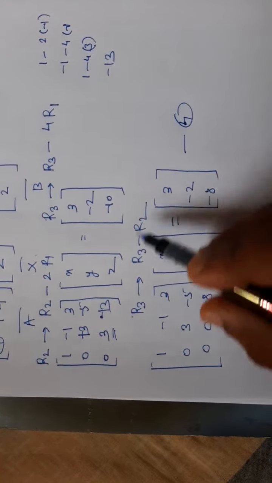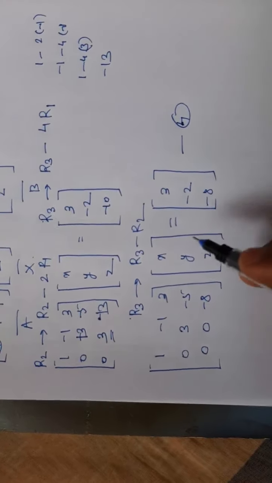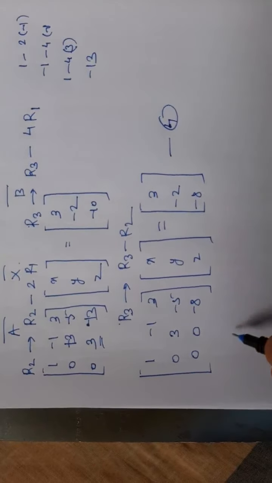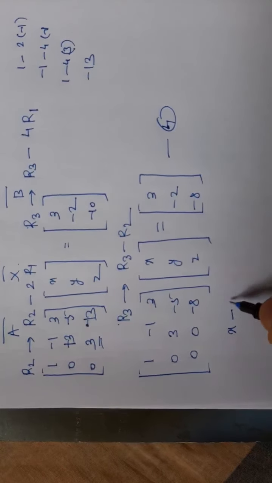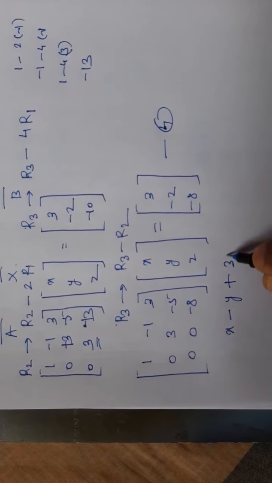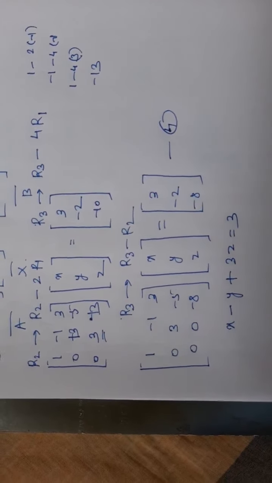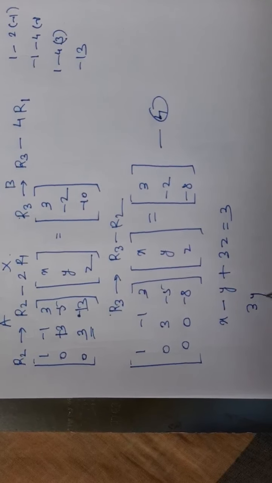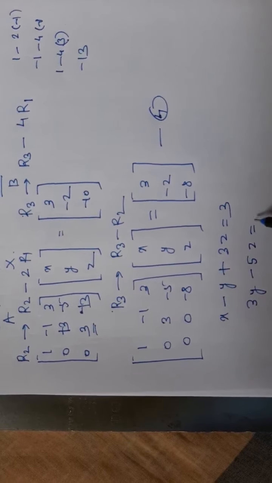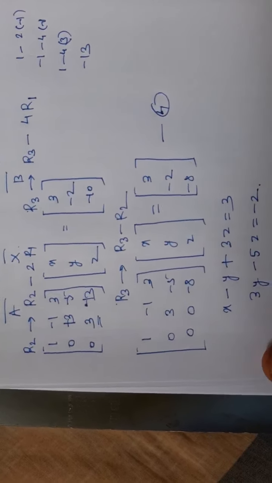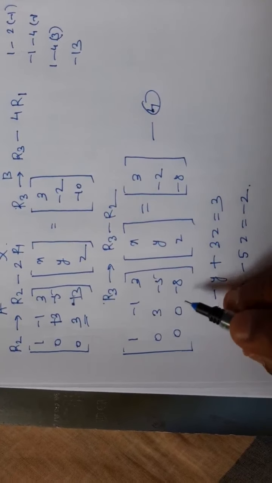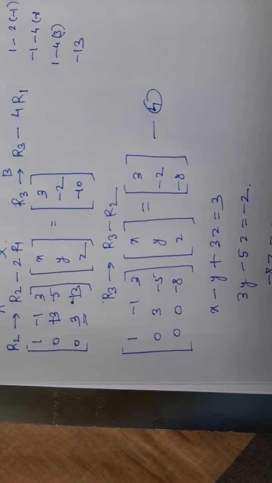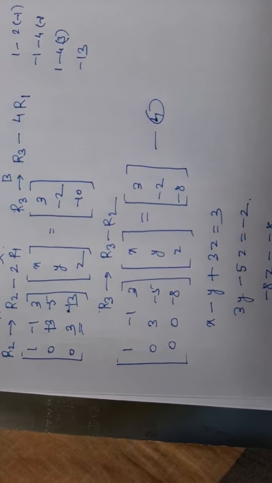I will write these equations in linear equation form again. So it becomes x minus y plus 3z is equal to 3. Here x is absent, that is 3y minus 5z is equal to minus 2. Here x and y are absent, minus 8z is equal to minus 8.